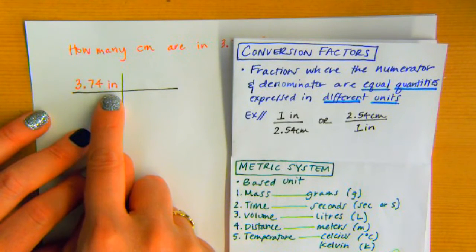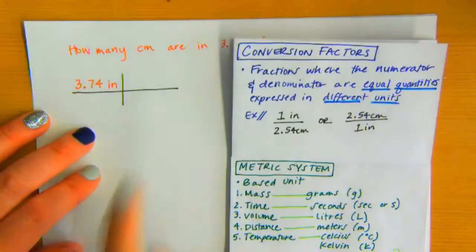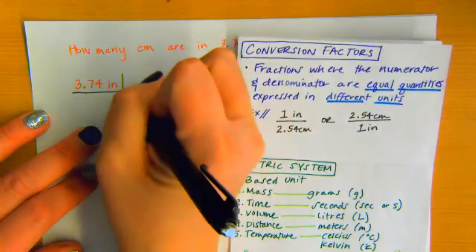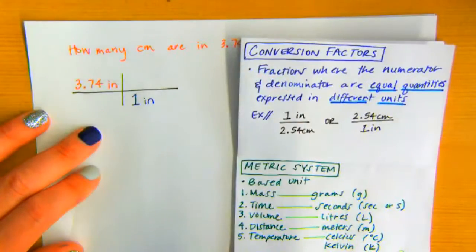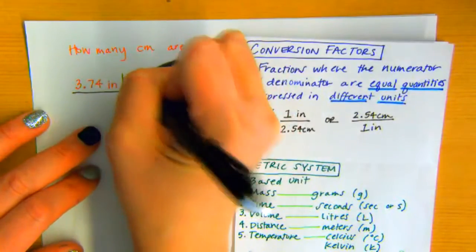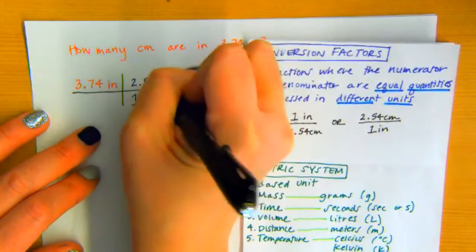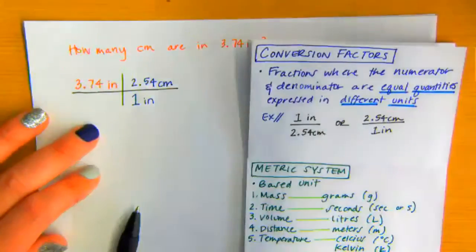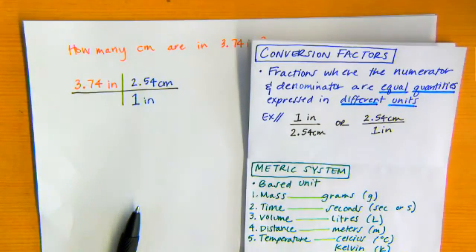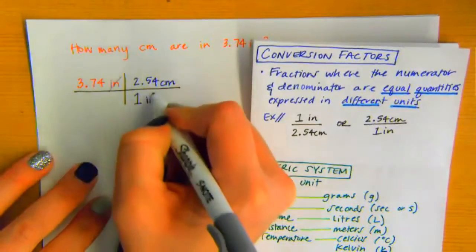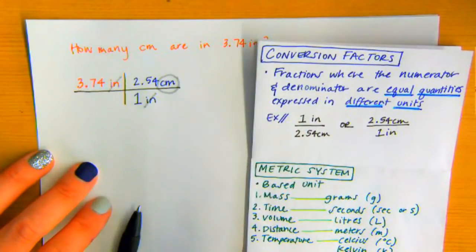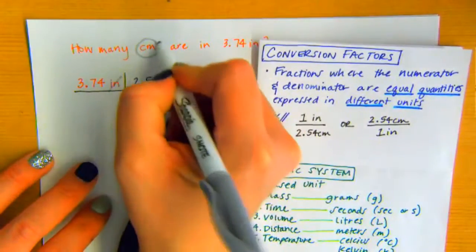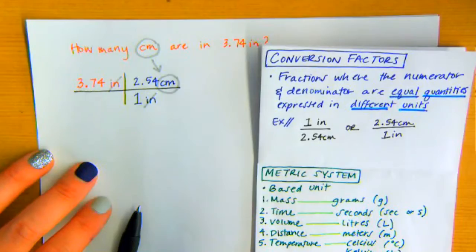Inches need to cancel. So that means that I'm going to put inches on bottom so that they cancel out. So I'm going to put 1 inch on bottom and 2.54 centimeters on top. And so this way, my inches cancel, and I'm left with centimeters, which is what we were trying to solve for, right?